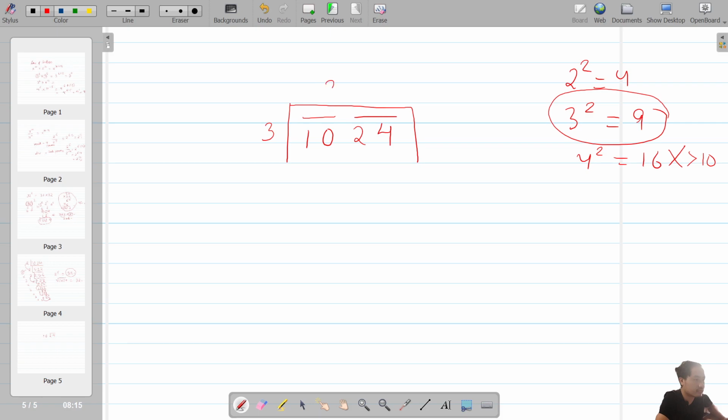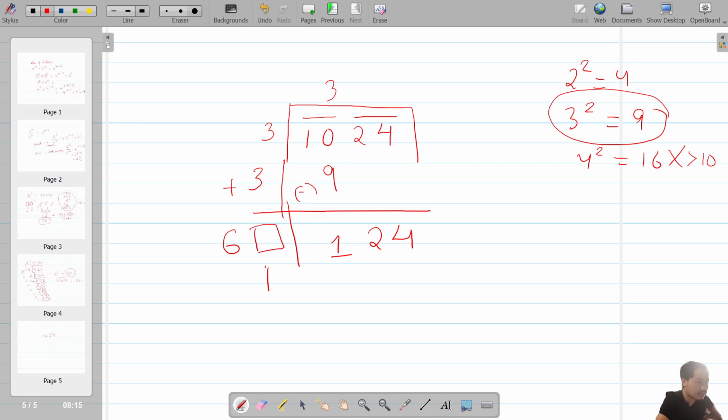3, okay, 3 square is 9, right? Now you will subtract this. 10 minus 9 is 1. This will come down as a pair, 124. You will add this one, 3 plus 3 is 6. Now you are going to input one value that will either give me exact 124 or something close to 124. So let's say 61 into 1, I'll get 61.